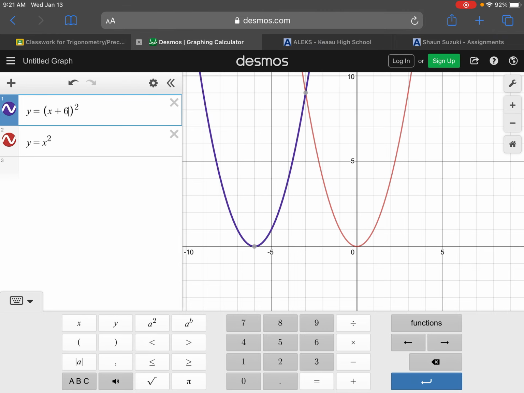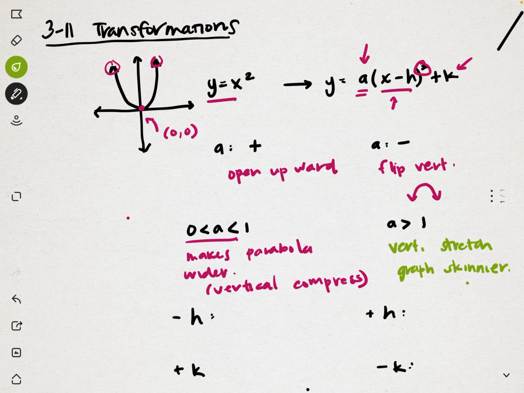So the thing to remember here, and it's one of those things that you just kind of got to remember or do it enough times that it just becomes natural, is that if we have a minus h, because we start off our equation in the form x minus h squared, that moves to the right. If we have a plus h, it moves to the left.